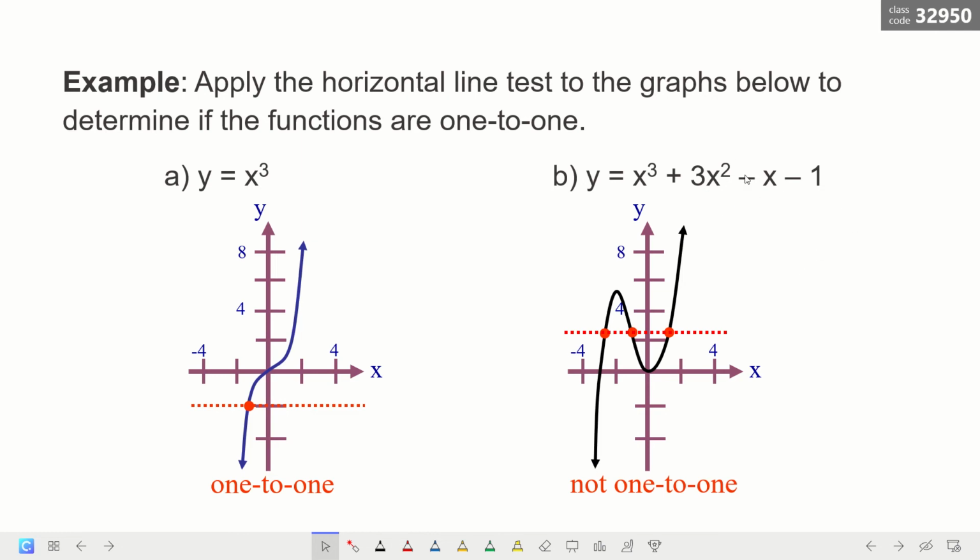Since the graph of this one looks like this, it is not defined as a one-to-one function. So, class, it is really important for you to create a graph so you can identify whether the function is considered one-to-one.